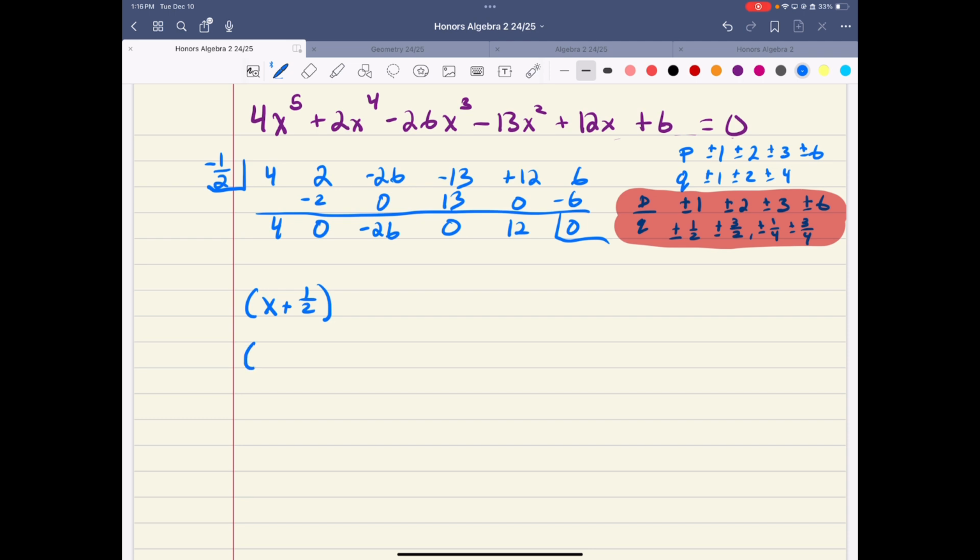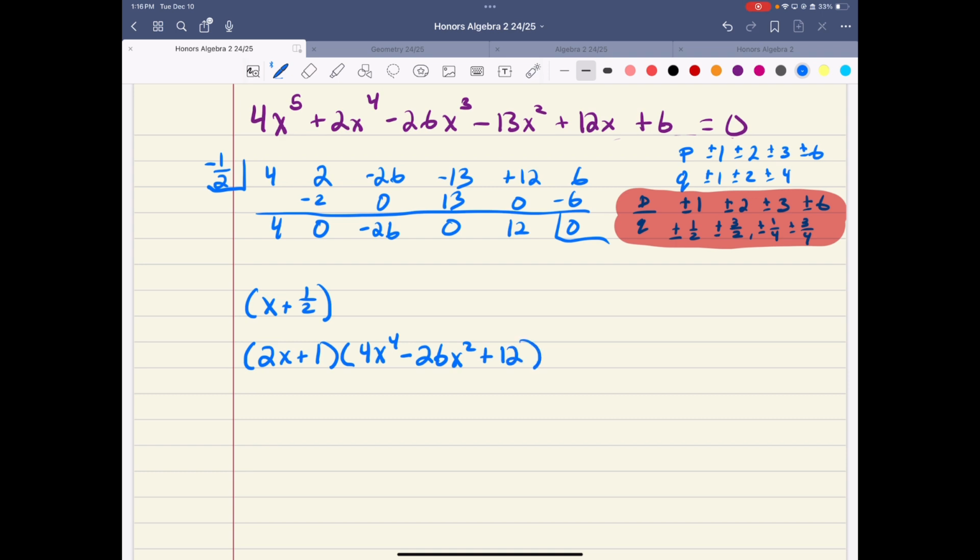Remember, the denominator goes out in front of our variable, plus, in this case, our numerator. So then we've got 4x to the 4th minus 26x squared plus 12.